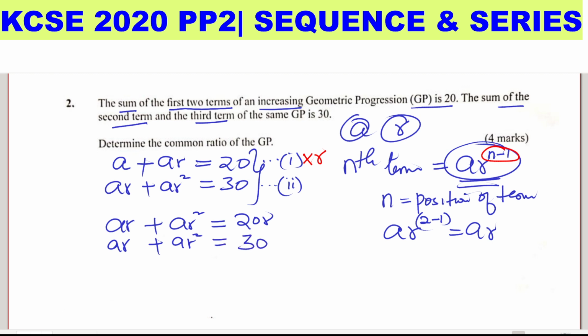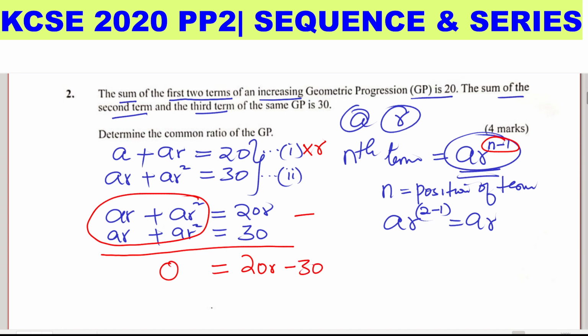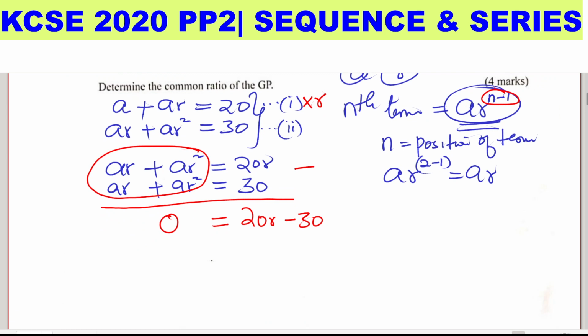Now you can see the left-hand side of the equations is similar. If you subtract the whole of that, you get 0. Then you subtract 20R minus 30, so when you solve these, 0 is equal to 20R minus 30.